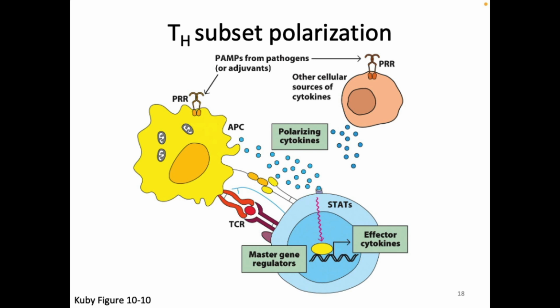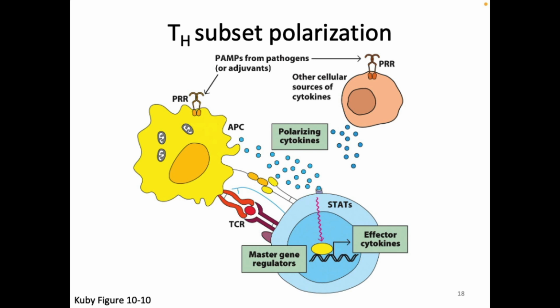Once our cell starts making that transcription factor, now it starts doing its own special things of whatever that subset does. That would be what kind of cytokine this helper T cell produces. Because the cell is making its transcription factor, that will tell the cell, you should make this effector cytokine.